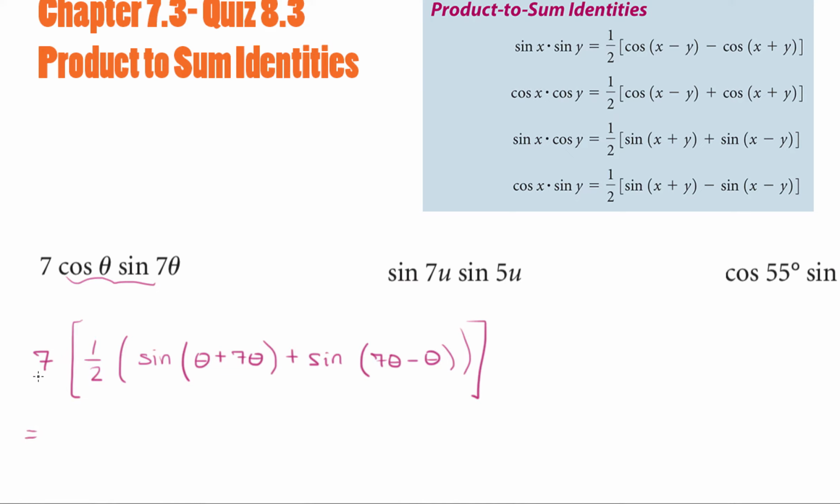Now you have a fraction times a fraction. We put a 1 under it and multiply across. So 7 times 1 is 7, 2 times 1 is 2. Now we have to multiply that by sine of theta plus 7 theta, which is 8 theta, plus sine of 7 theta minus theta, which is 6 theta.